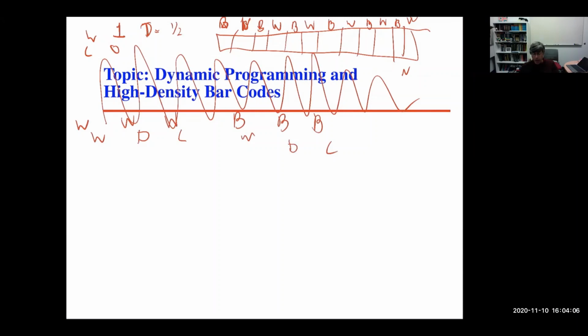Now we want to find what would be a recurrence relation that would help us know what the goal here is. We want to figure out the probability that somebody is going to win.